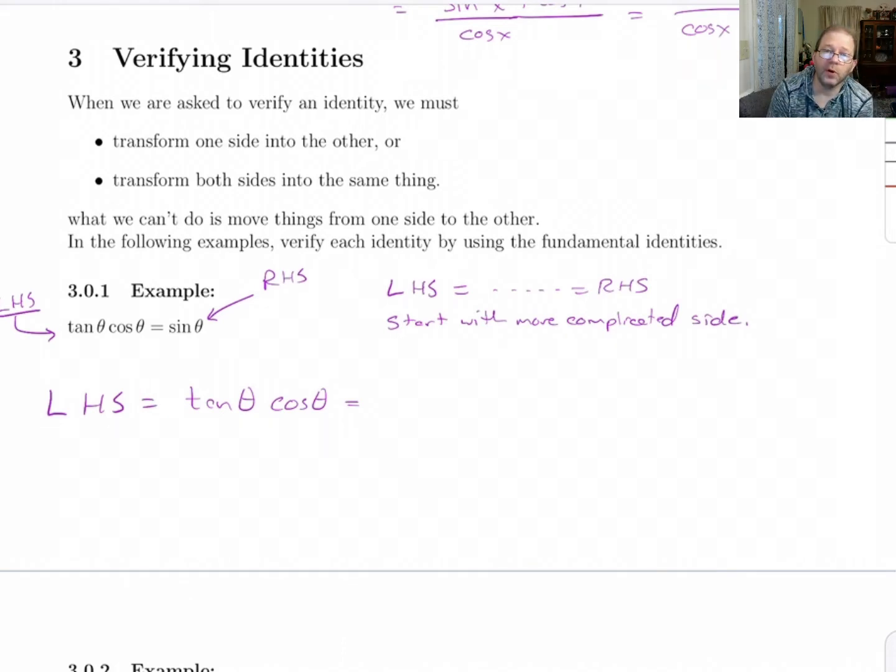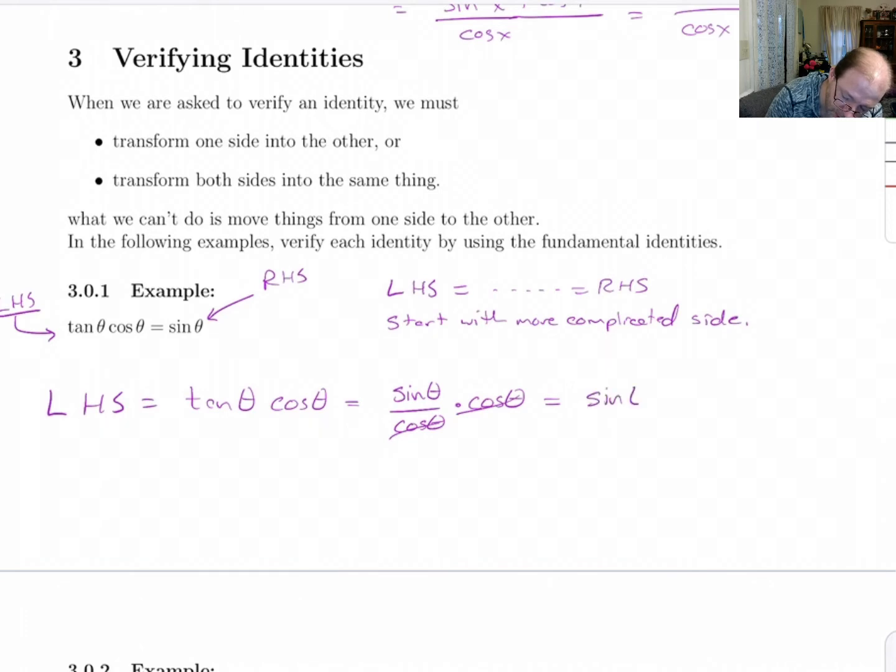This is going to be a really quick one because all we have to do is rewrite the tangent as sine theta over cosine theta. And then we can cancel these guys and we get sine theta. And that is equal to the right-hand side. So we've got a chain of equalities here that show that the left-hand side is equal to the right-hand side.